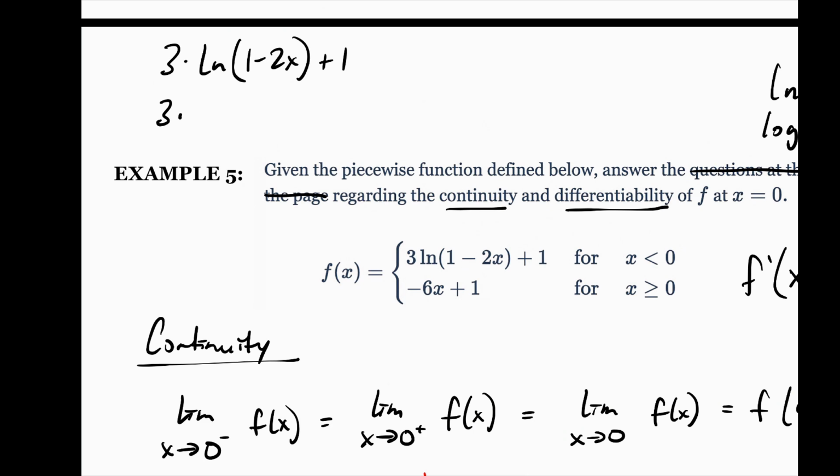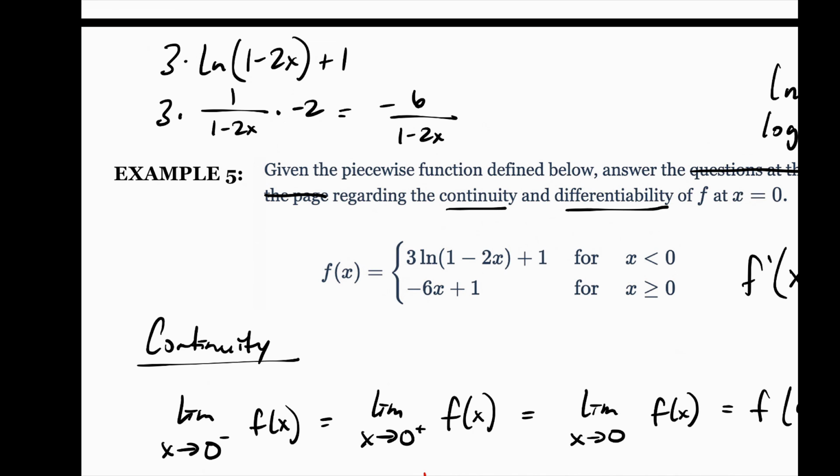3 times, and then the derivative of this guy here, which you had on your test. You had a natural log derivative. That was FRQ number 1. First thing you do is you put 1 over whatever it is times the derivative of that guy there. Right? So that's going to be negative 6 over 1 minus 2x. That's the derivative.